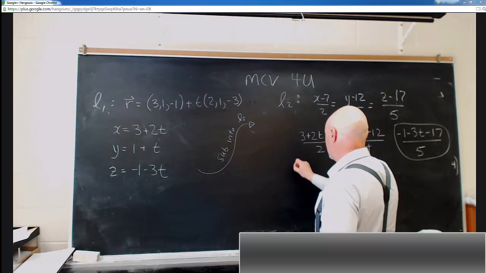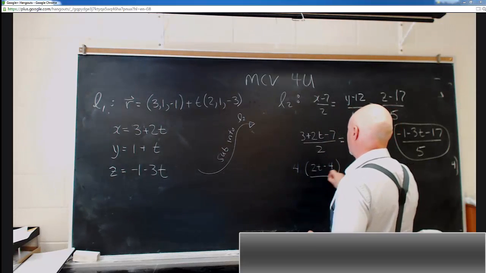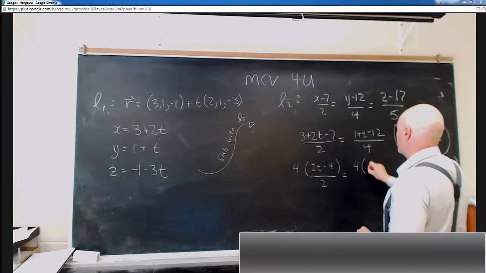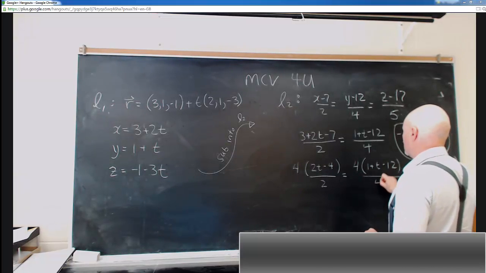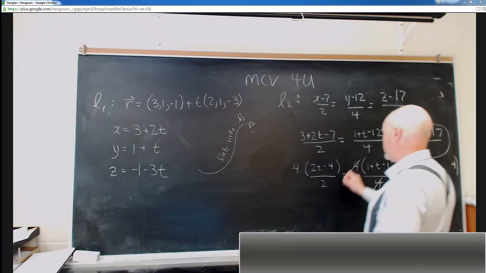Okay. 2t minus 4. Multiply both sides by 4. 4 cancels.